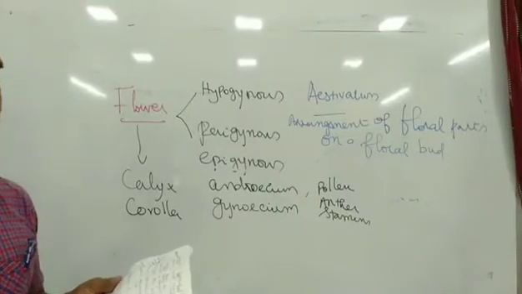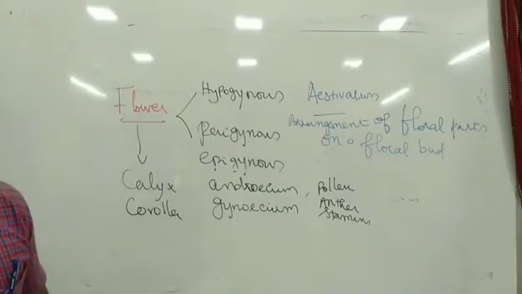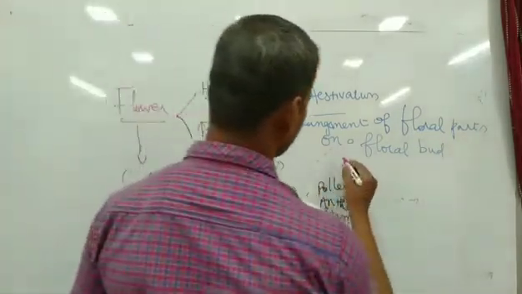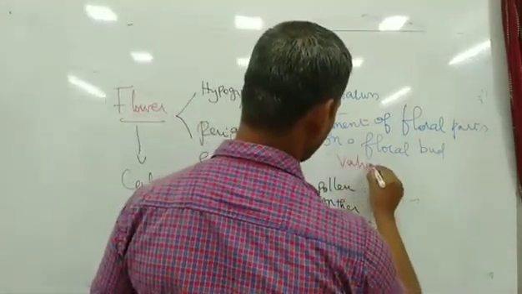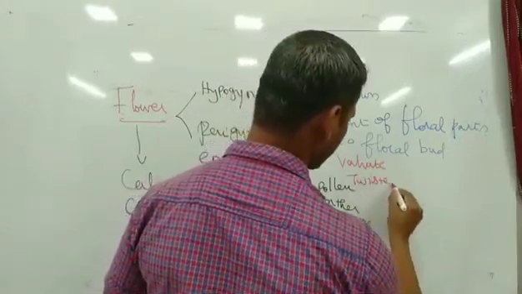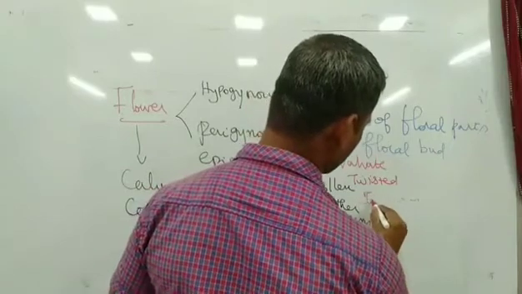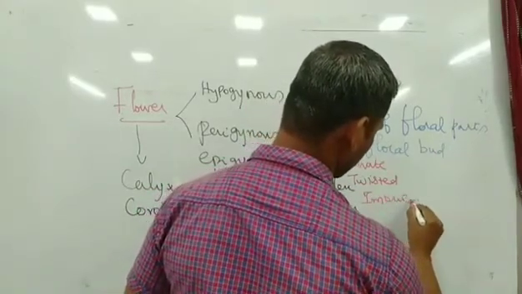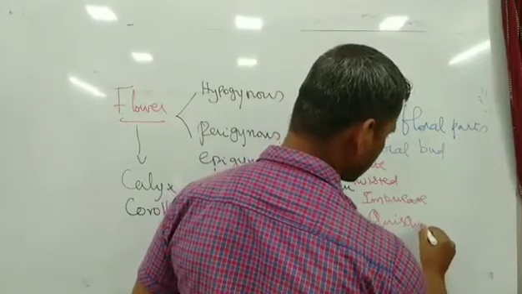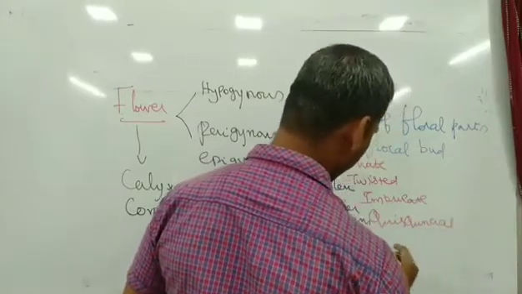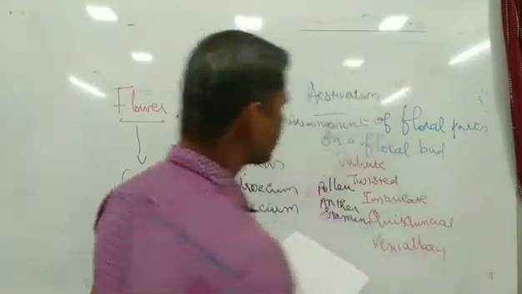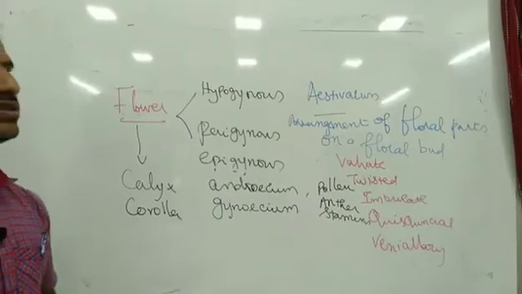There are 5 types of arrangements: valvate, twisted, imbricate, quincuncial, and finally vexillary. These are the 5 types of aestivation which occur in the flower.